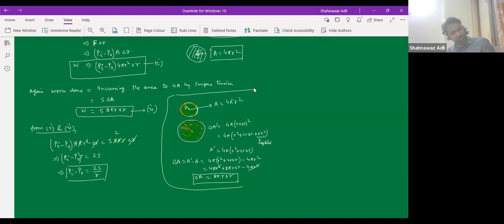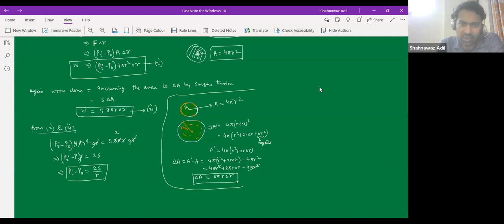Good. So now we understood that if we have a water drop or liquid drop, then what would be the excess pressure? We know that the inside one, which is the concave one, the pressure would be larger than the convex, right?